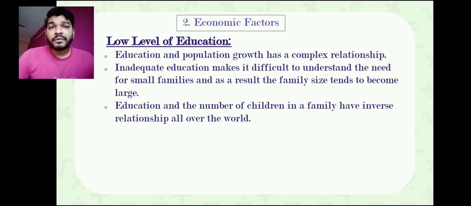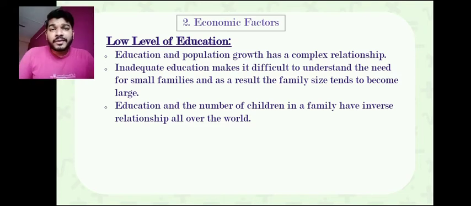A survey has been done which shows that high birth rate is caused by low level of education. If a female is not educated, she tries to give birth to more children than the educated one.